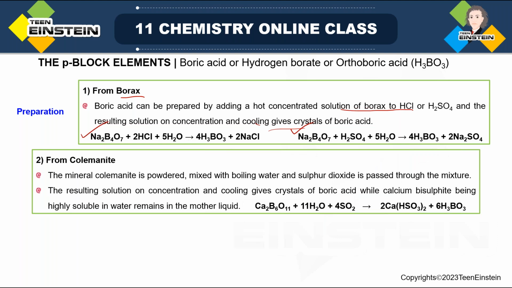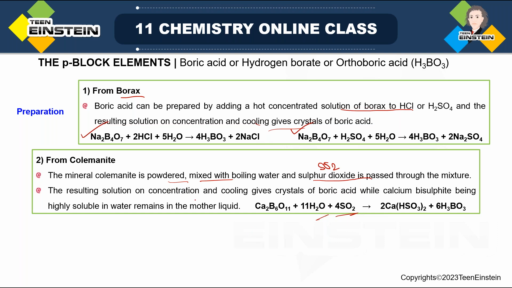Now from colemanite also you can make it. Remember, we used colemanite for preparation of borax. Now also for preparation of H3BO3 you can use this ore, but the other reagents are obviously different. First the mineral powder is mixed with boiling water, and then sulfur dioxide gas is passed through the mixture.